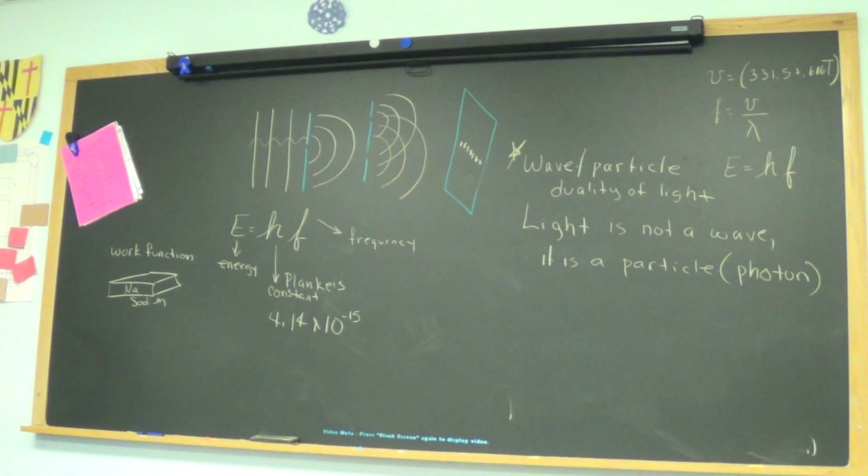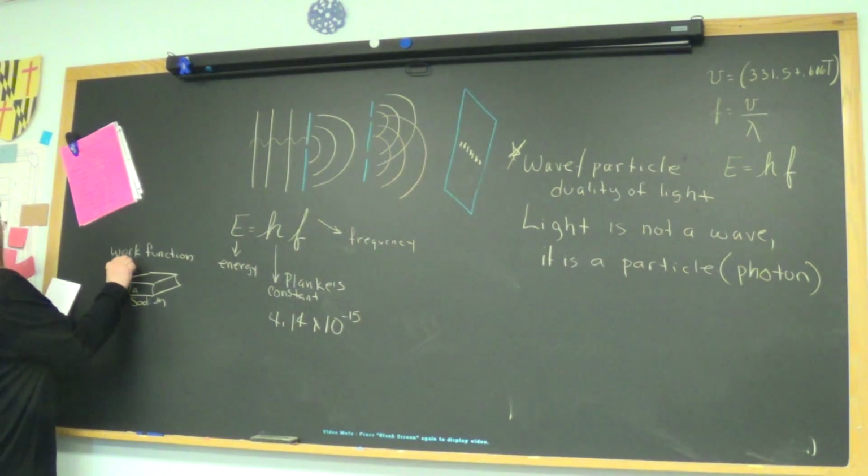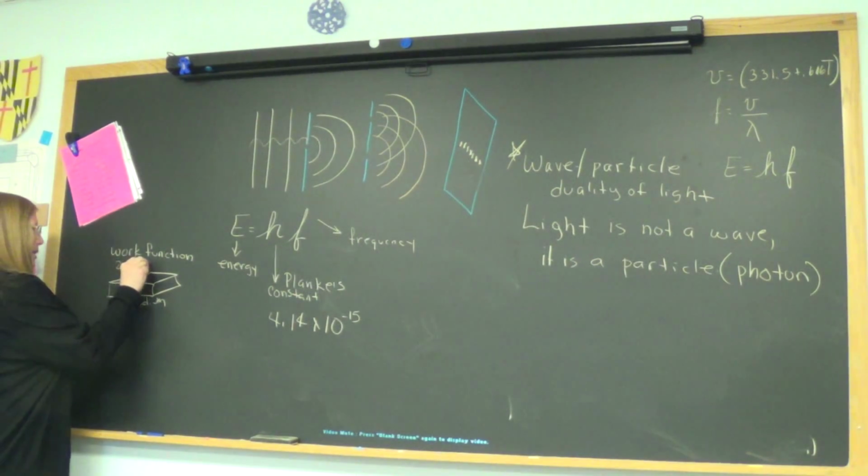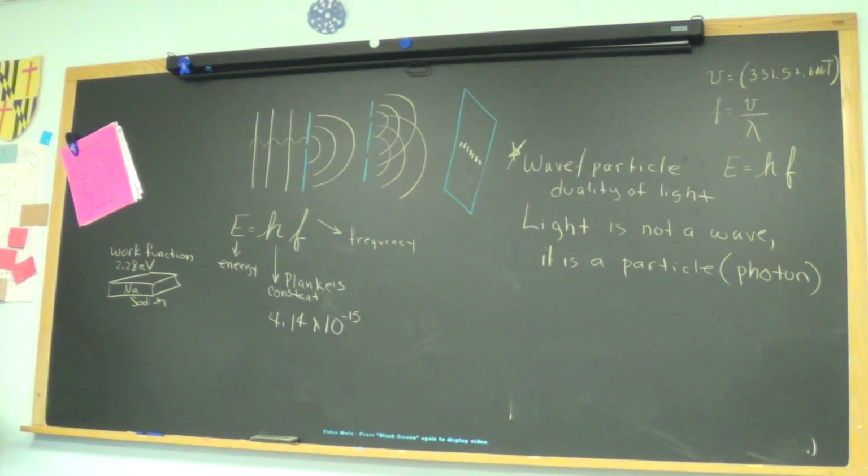So the work function is the amount of energy sodium naturally has to hold its electrons. It's 2.28, and volts won't work because we're talking about tiny things, so we're going to use a new unit called e-volts. You don't have to know much about e-volts, except that's what work function is used in, and it is the strength of the metal to hold its electrons.